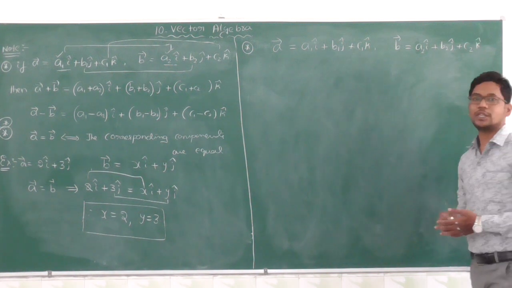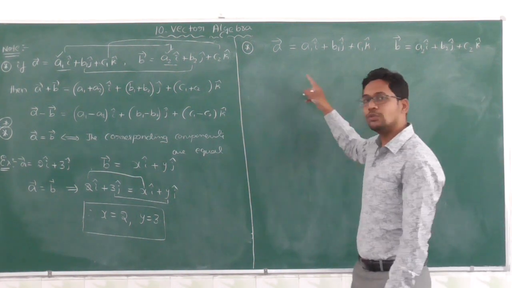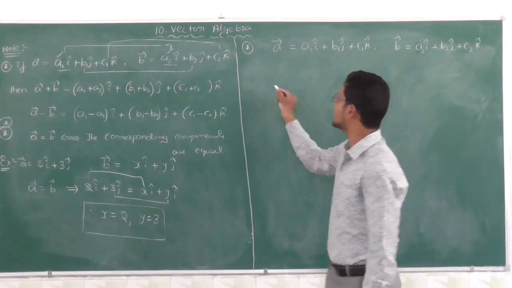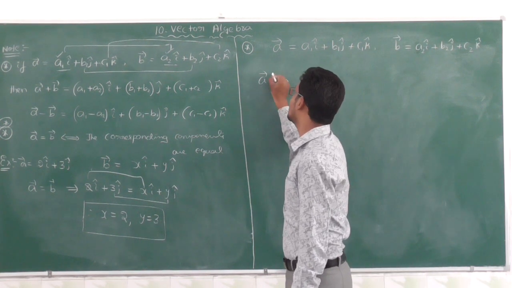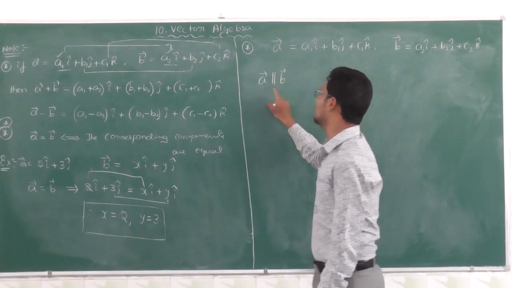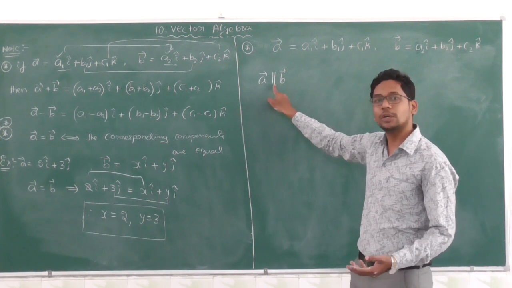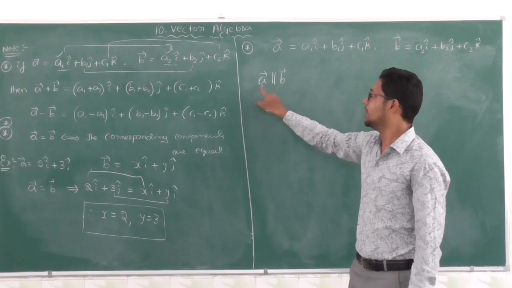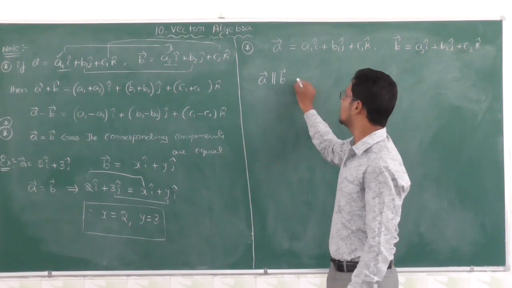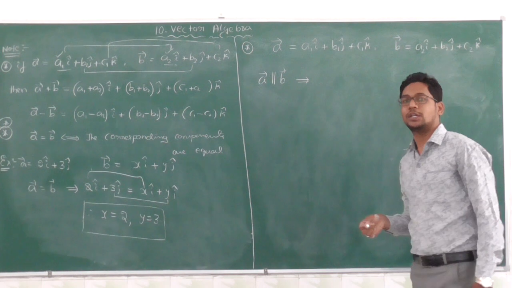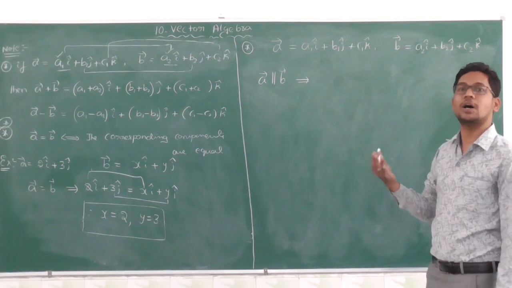We have two vectors, A vector and B vector. These two vectors are parallel. A vector is parallel to B vector. It is a symbol to represent parallel. Then the ratio of the corresponding components are same or equal.